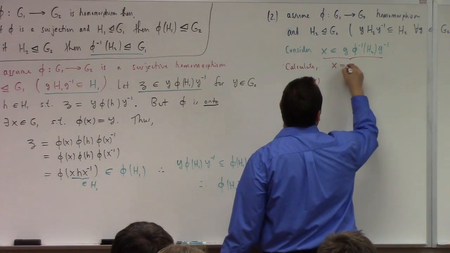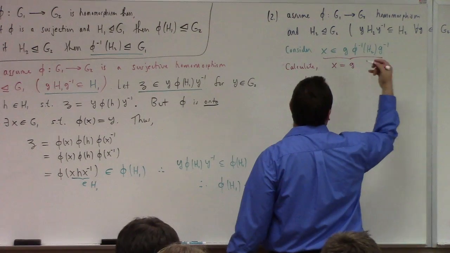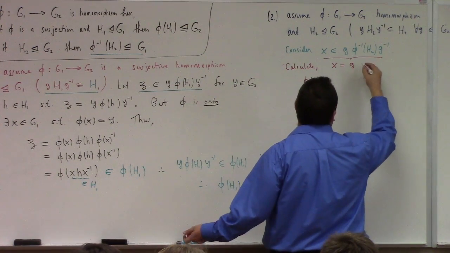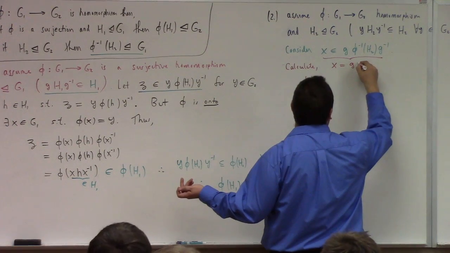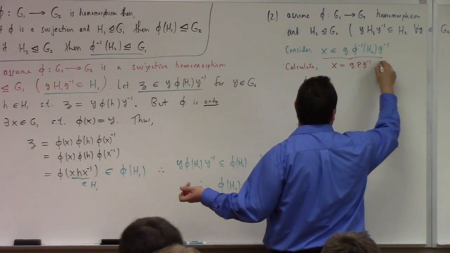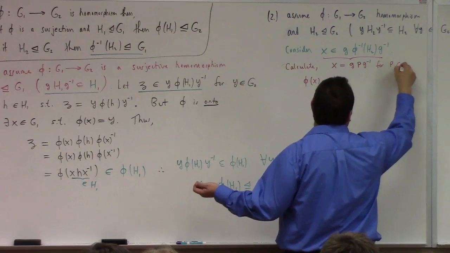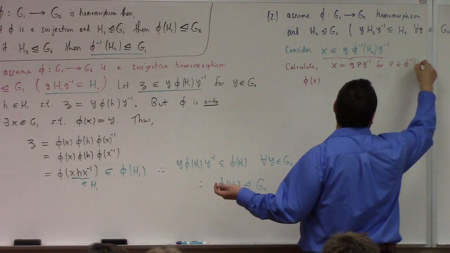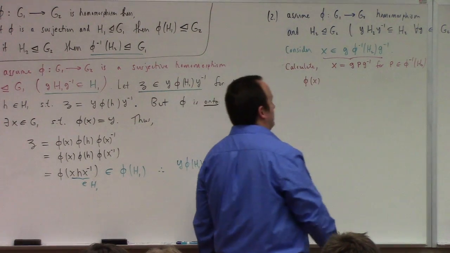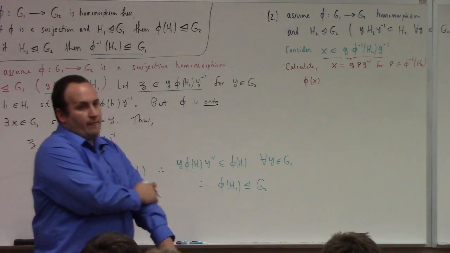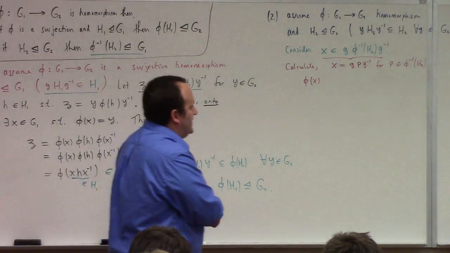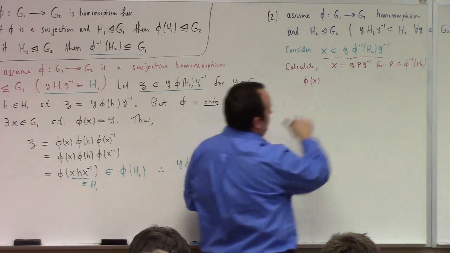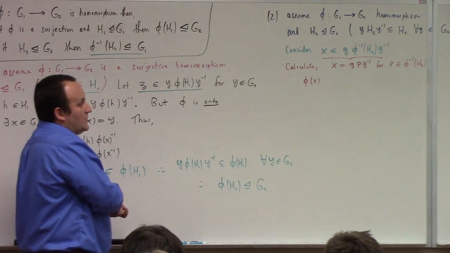That means that x is equal to what? g, let's say, I don't know, I need some other letter, p, g inverse for some p in the inverse image of H2, right? There has to be some point in the inverse image which, when conjugated, gives you x, right?